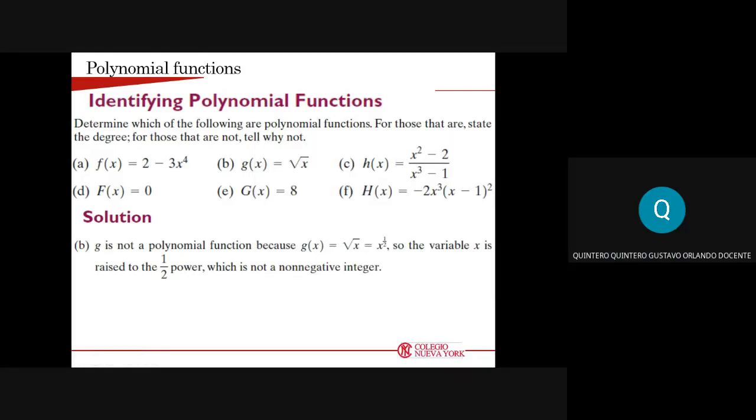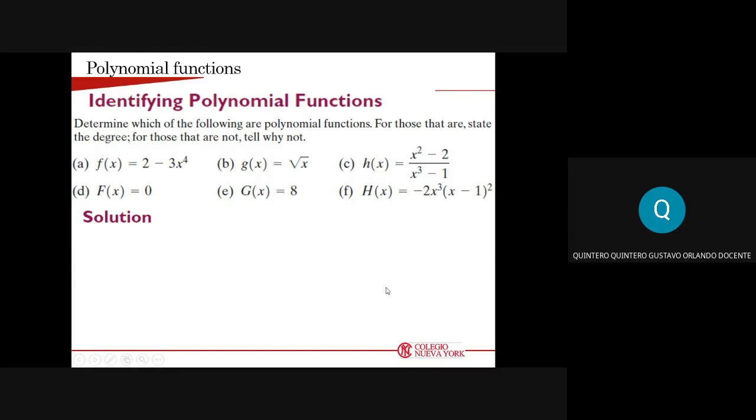All right. Now, let's see the next one. Is H a polynomial? Well, no. H is not a polynomial function. In fact, you can see here you have two polynomials, the one on top of the fraction and the one under the fraction.